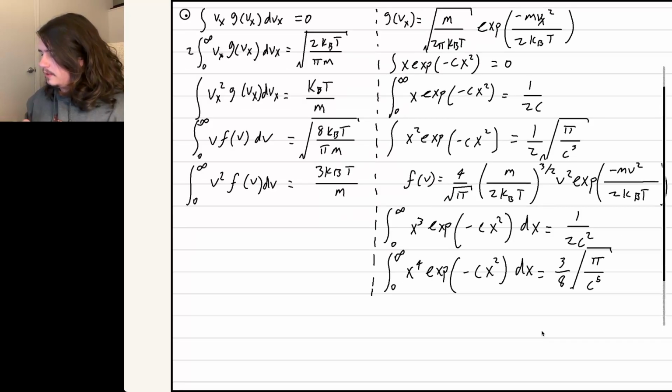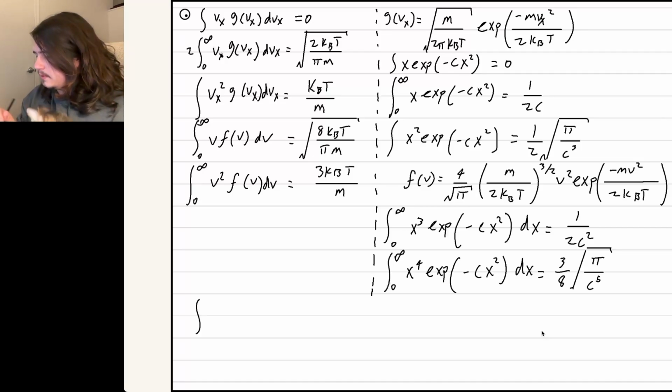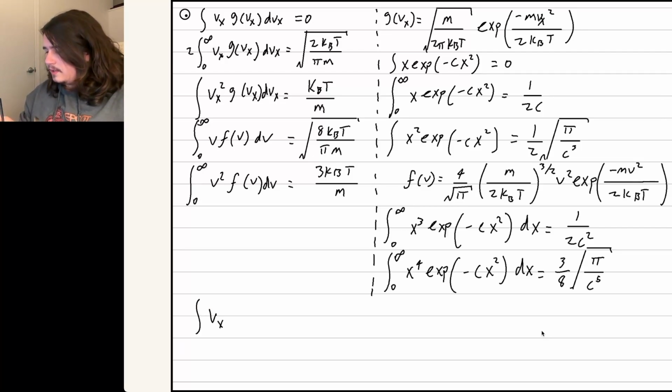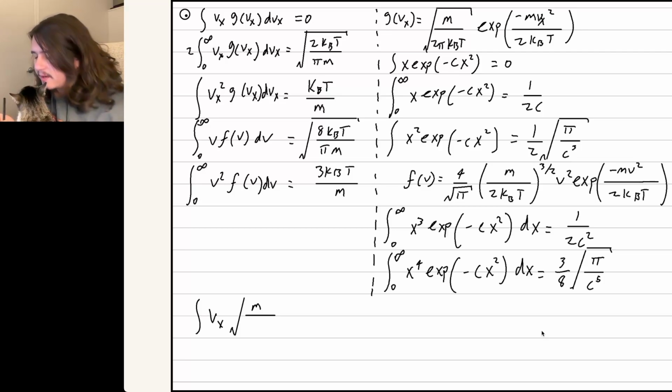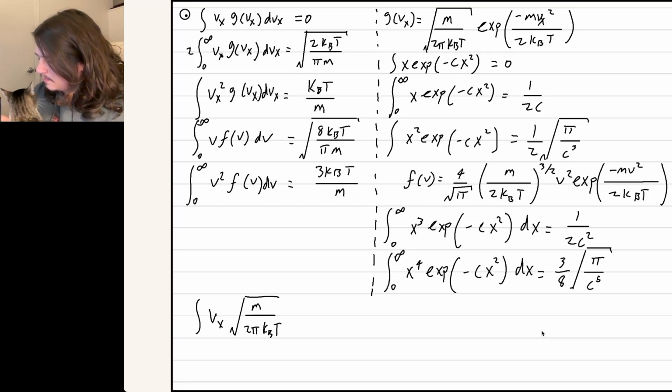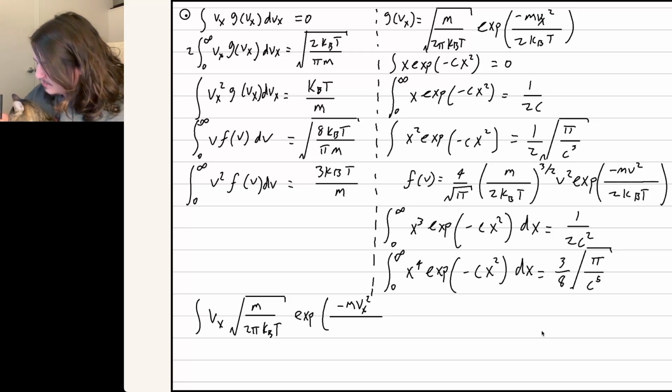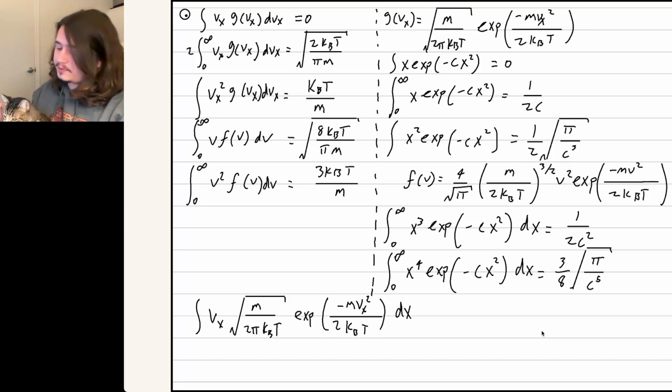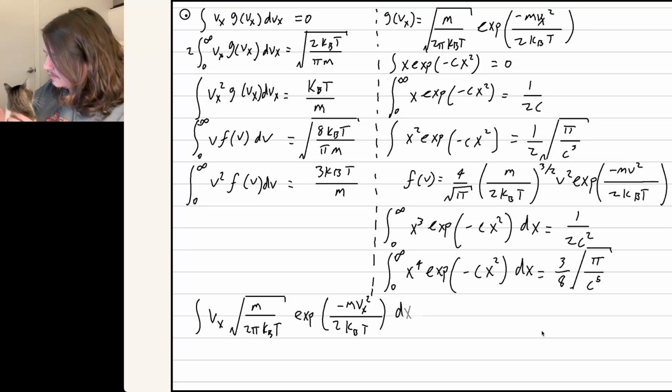The first one was Vx g v of x dvx. So that's going to be the integral of Vx times the square root of m over 2 pi kbt times exp minus mvx squared over 2 kbt dvx.